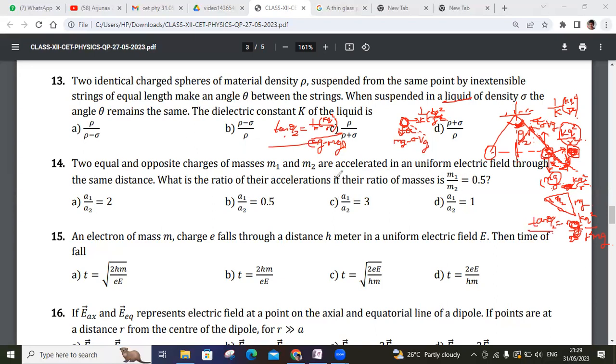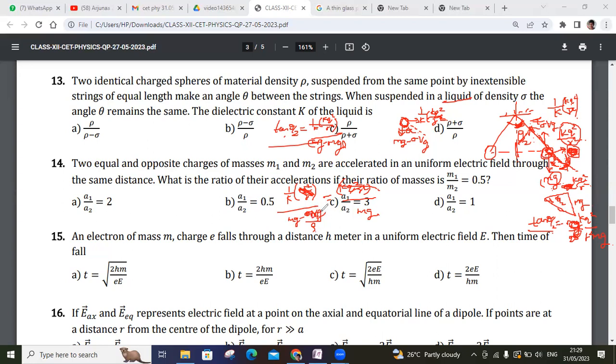So if we equate both of them, what we will get? 1 by K into kq square by r square divided by mg minus sigma Vg is equal to kq square by r square by mg. So kq square by r square gets cancelled. This V I can write, since density is mass by volume, volume is mass by density, as m by rho, density of the sphere.